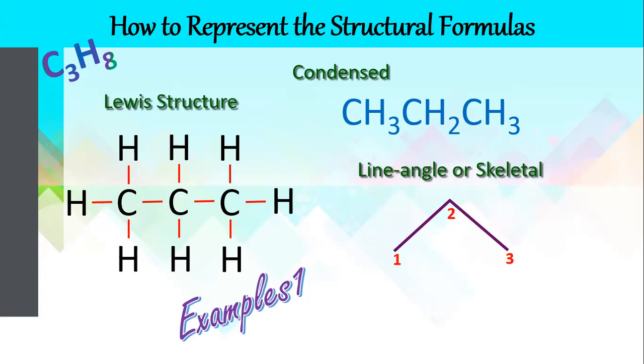So we draw a line and another line. But the problem is that a lot of students count the line they draw rather than the first atom they write. So they draw a line and call that carbon 1 and then 2. But this is incorrect. That is incorrect.